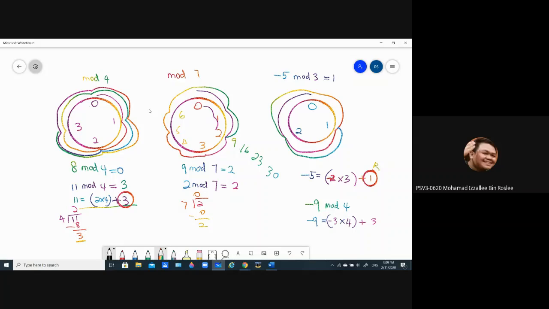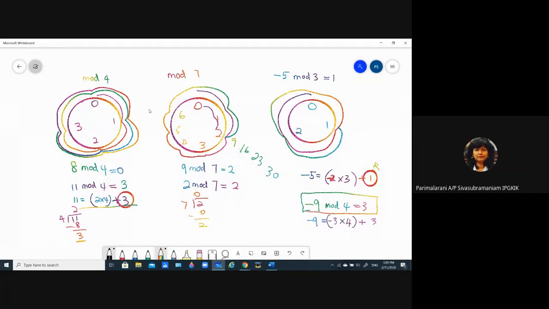Yes. So this is our answer. Negative 9 mod 4 is equal to 3.